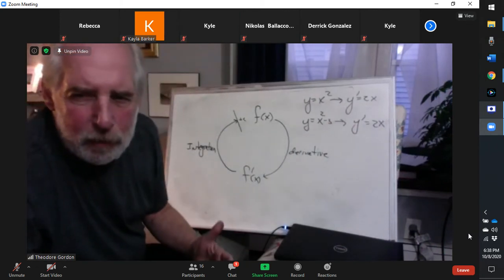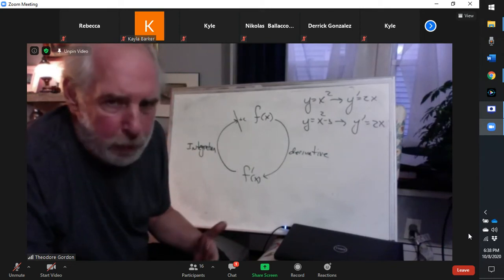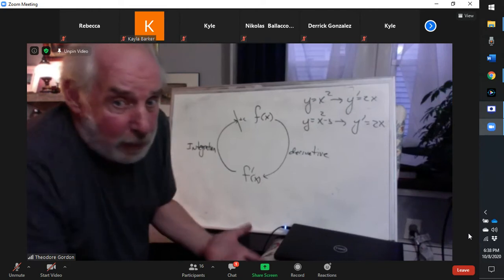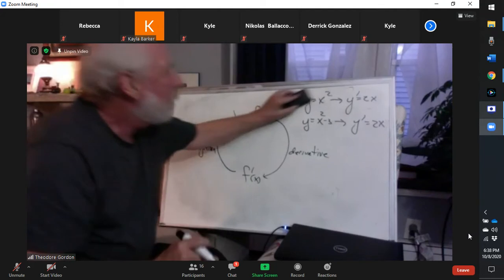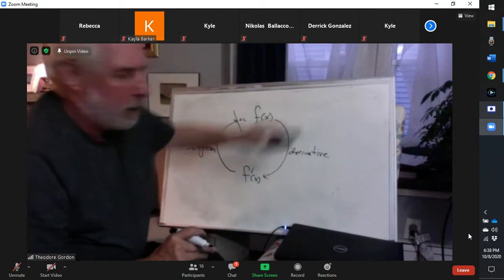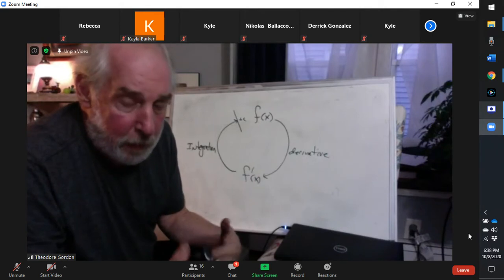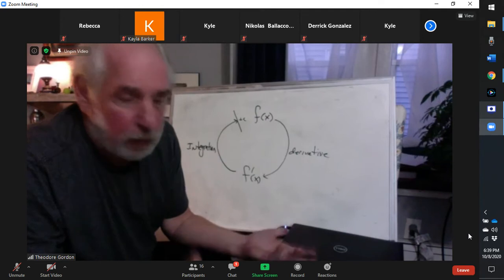That 3 gets lost forever. And that's why we always put the plus c on the end of it. That's called an indefinite integral because we're definitely not sure what that constant might have been on there. So the other thing about derivatives and integrals is they are inverse operations of each other. They undo each other. Like if you square a square root, it goes away.